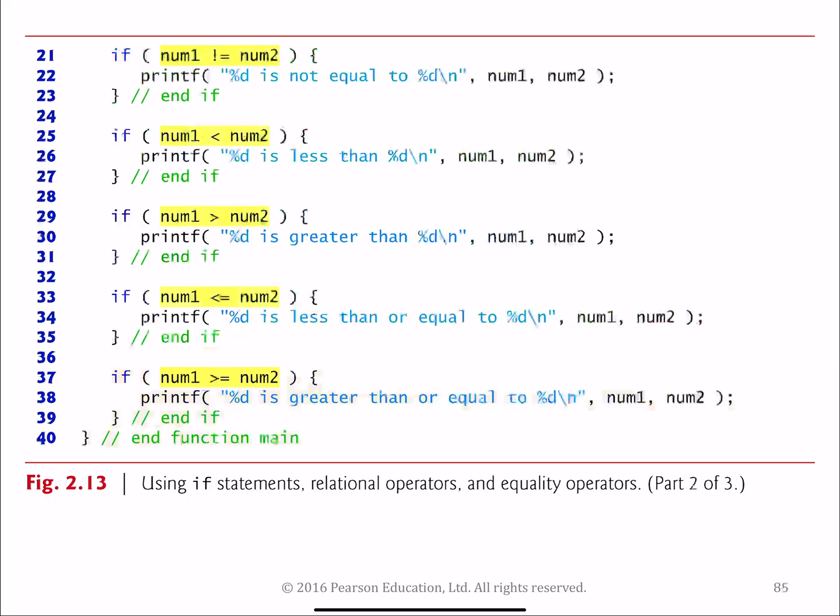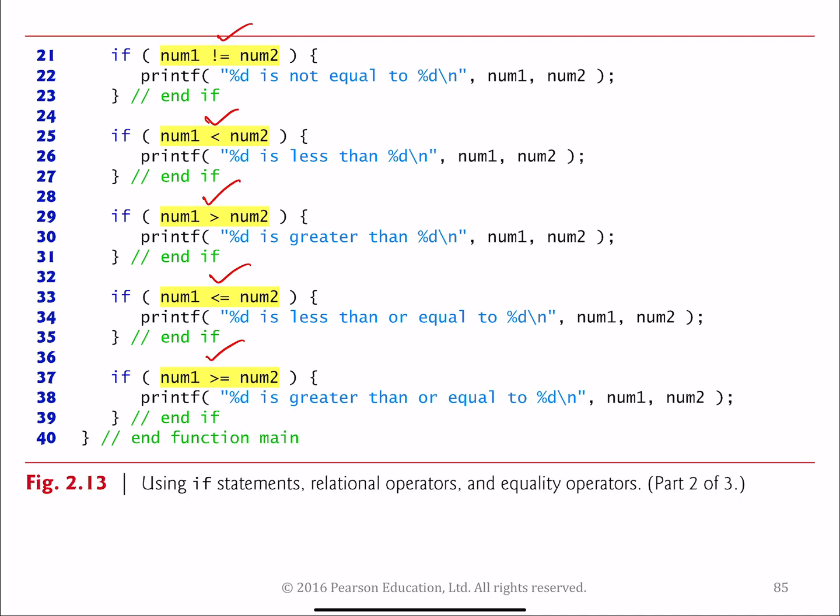We can do something very similar for the not equal to comparison. We can perform less than, greater than, less than or equal to, and greater than or equal to comparisons.